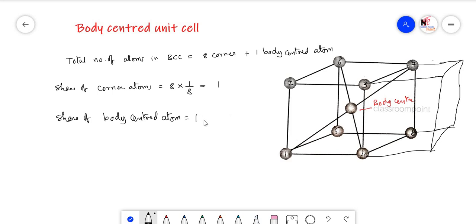So 1 into 1 means that 100% belongs to the one particular unit cell only. So from the body centered, one atom. Totally, from corners one atom and from body center one atom, so 2 atoms per unit cell.